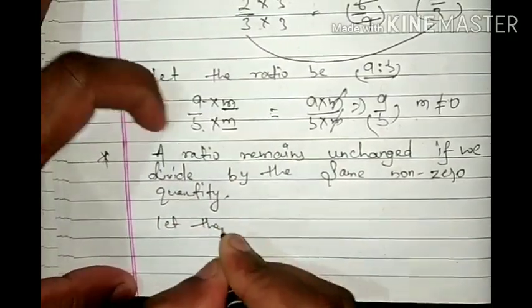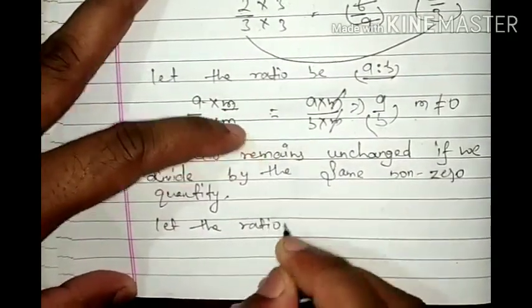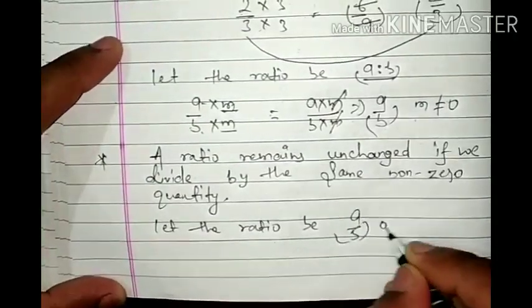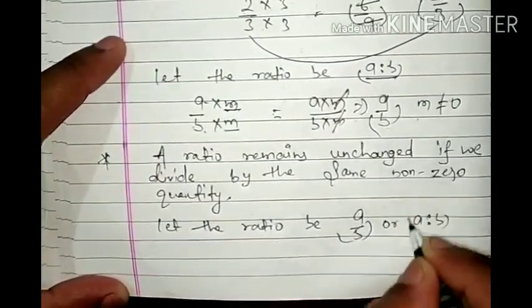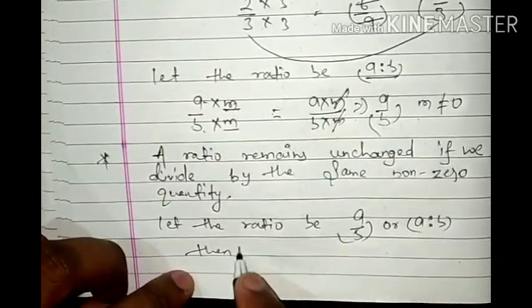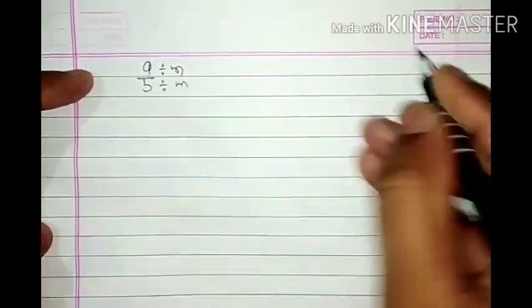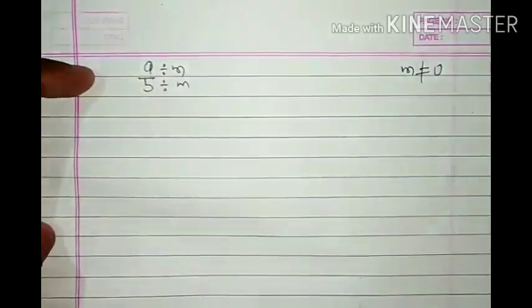Let the ratio be a by b or a ratio b. Then a by b divided by m, divided by m, m is not equal to 0.